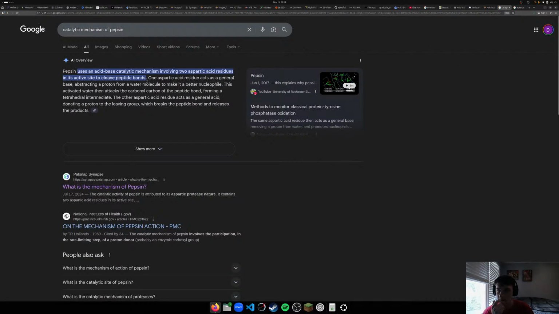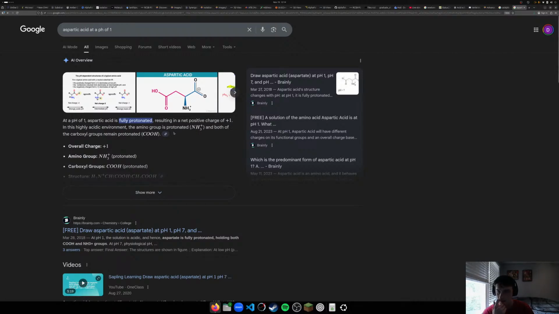So then why does it... yeah, at pH 7 it's deprotonated. But here it's fully protonated.